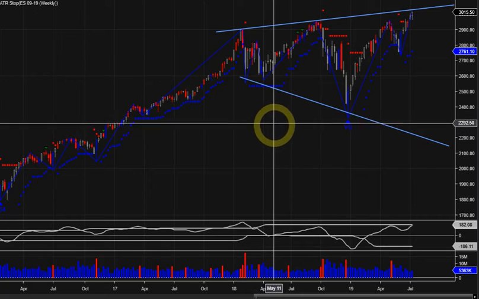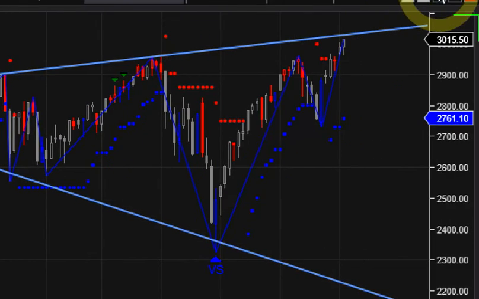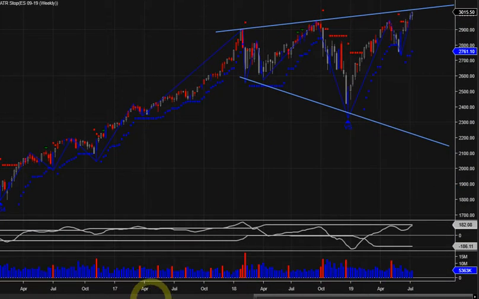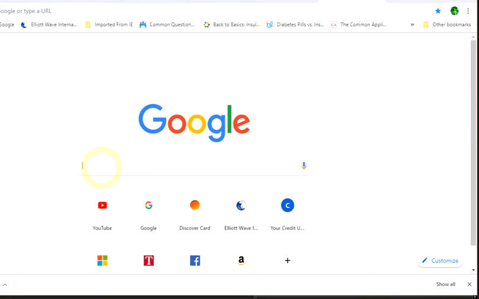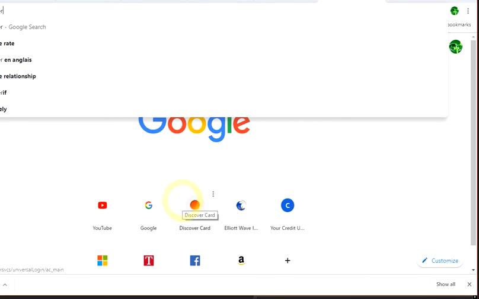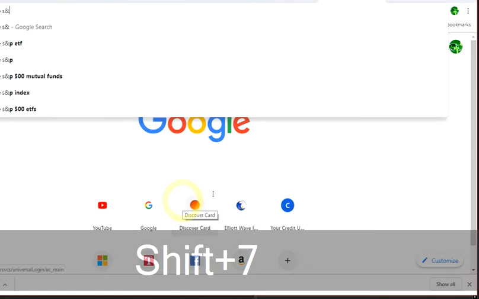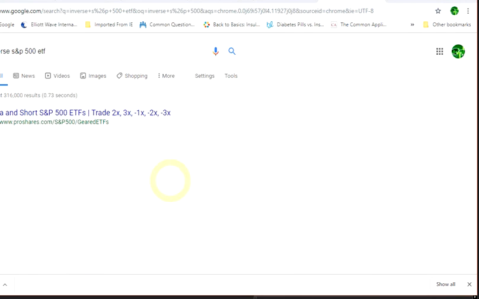There's some products out there, in case you're not familiar with them. Well, I tell you what, let's go to the internet and put in inverse S&P 500 ETFs.